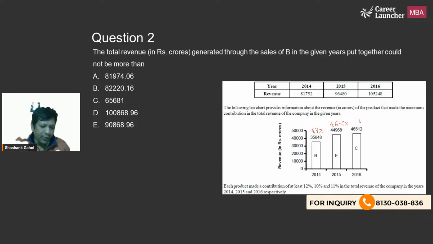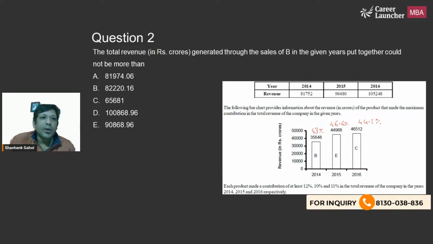And this is 44.1%. Okay. Are we right on the track? Okay. So basically, what is going to happen now? C is 44.1. Okay. Fine.